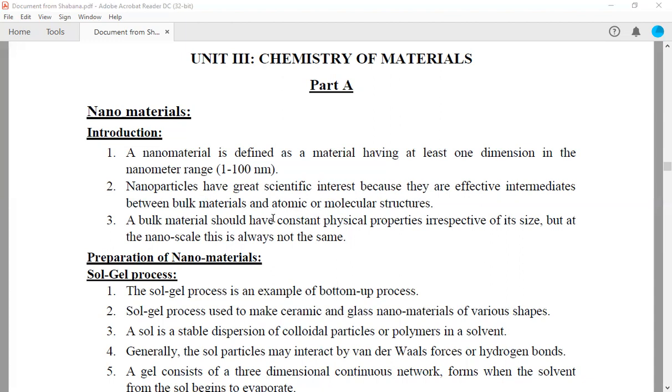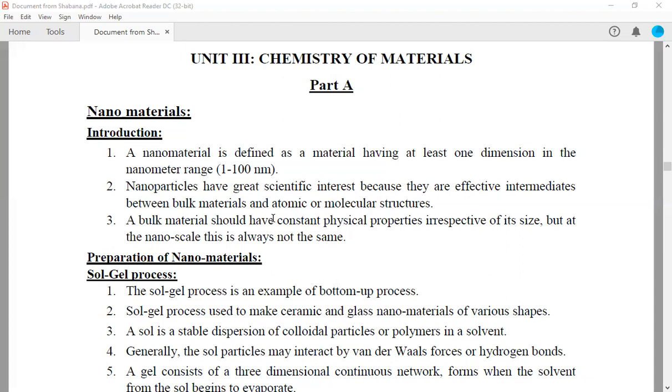For example, the size of a hydrogen atom is 0.1 nanometer, a water molecule is less than 1 nanometer, an RBC, red blood corpuscle, is 5,000 nanometer, and a human hair is 50,000 nanometer. The limit of human eye visibility is 10,000 nanometer. The diameter of a carbon nanotube is 1.3 nanometer.